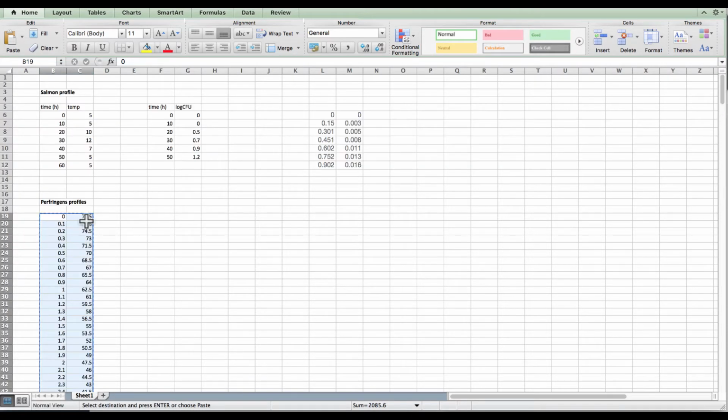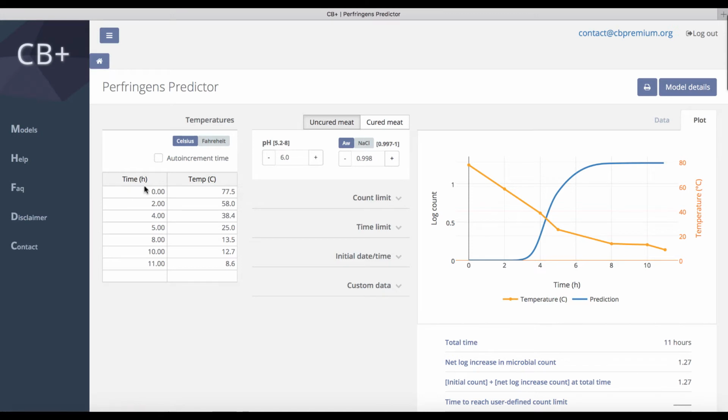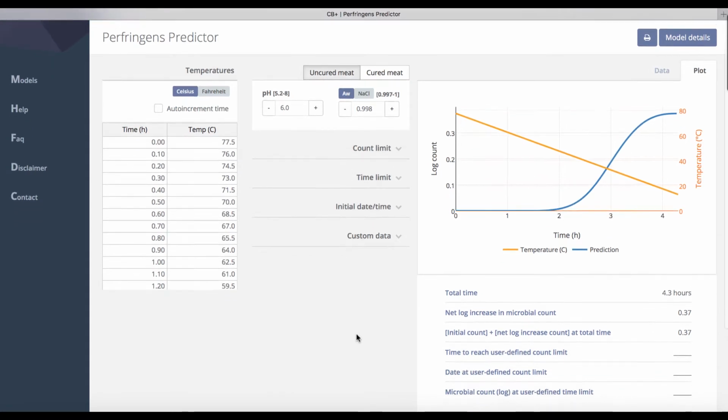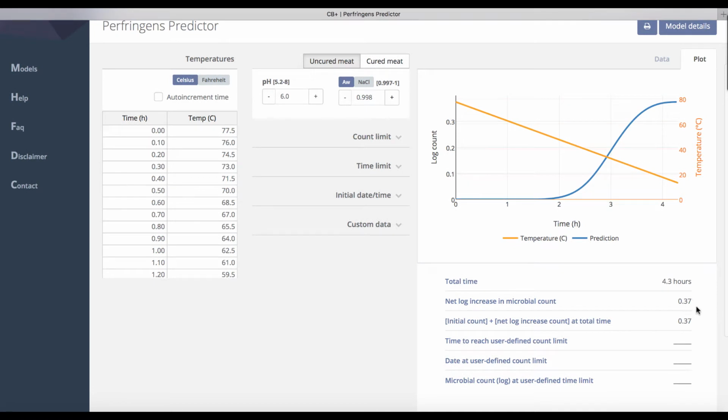Other differences include inputs for cured or uncured meat, as well as for pH and sodium chloride level or water activity. After entering these inputs, the net log increase in microbial count should be less than 1 log predicted growth in order to meet USDA requirements.